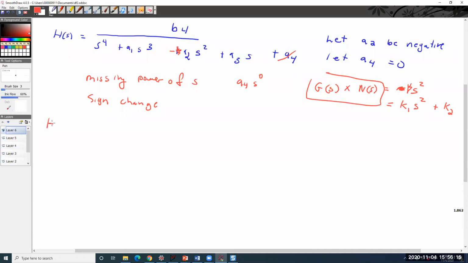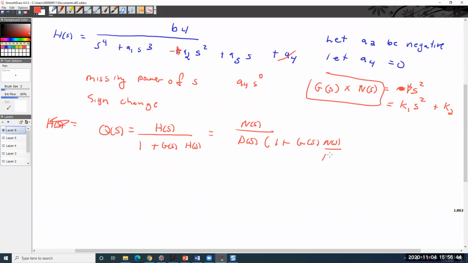And why is that? Well, Q of S is equal to H of S over 1 plus, all right, this is from the signal flow graph, where H of S is my original thing, and if I put the input in, I have an out of control system.